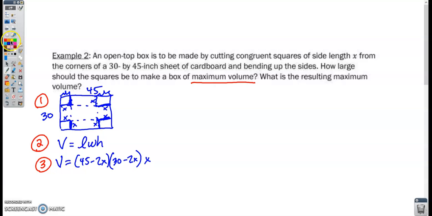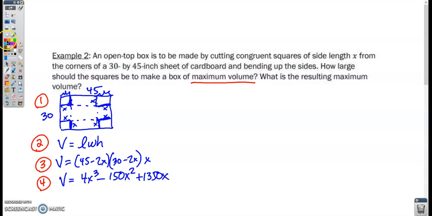I'm going to go ahead and simplify that equation and turn it into something that's nice for me to work with. I'm going to multiply all these things out, and when I do that, I get that the volume is 4x cubed minus 150x squared plus 1,350x. So now I have the volume that I'm trying to maximize written as an expression of x.